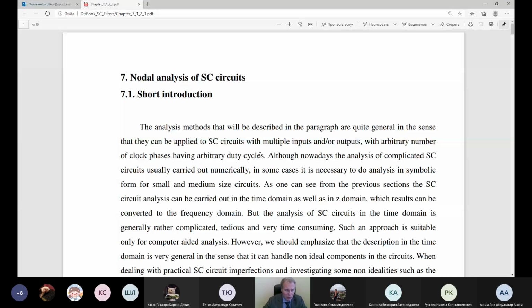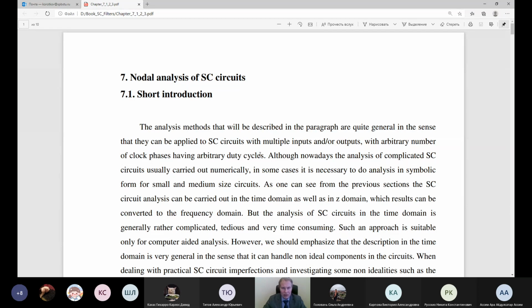The first one is based on the presentation of the circuit using the so-called nodal equation of the charge and voltage relations, and the second approach will be based on a so-called Lakers model. And we will consider how to analyze the switch capacitor circuit in the Z domain. And of course, we will talk about the practicum, and you will take one of the circuits home for analysis, and we will see how it is.